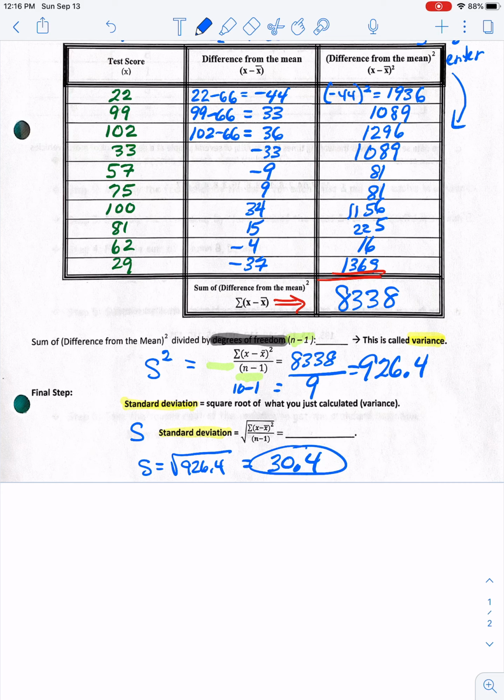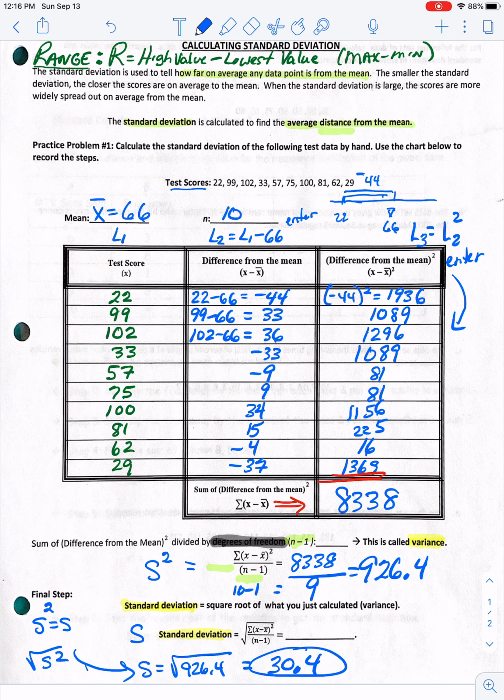That's your final answer. To go from s squared to s, you're taking the square root every time. Square root the variance to get the standard deviation. So there we are with a nice calculation.